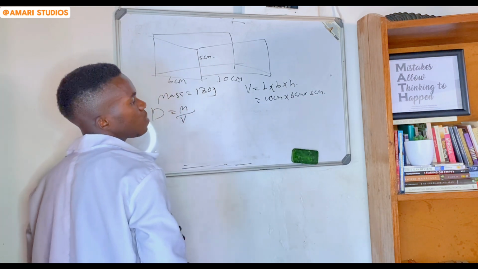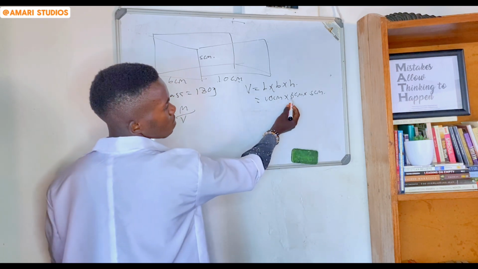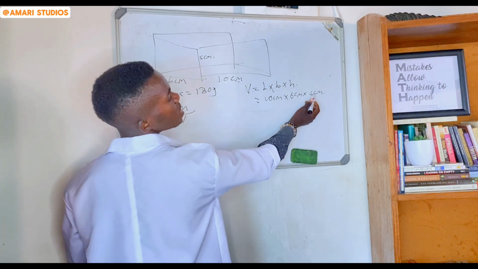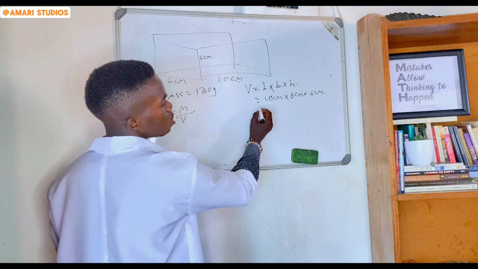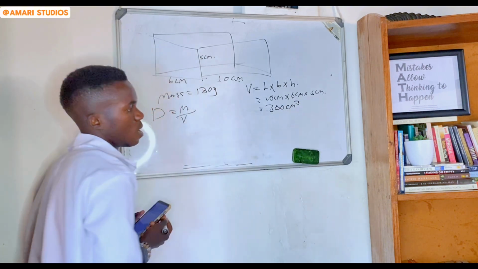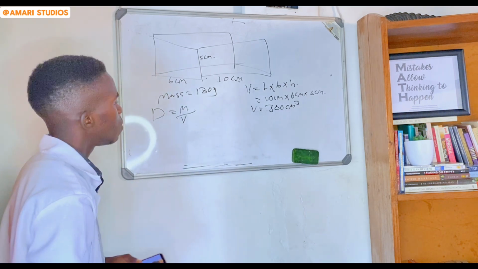Multiplying those numbers, 10 multiplied by 6 is 60. Then 60 multiplied by 5 gives us 300 cubic centimeters. That is the volume of the rectangular block.